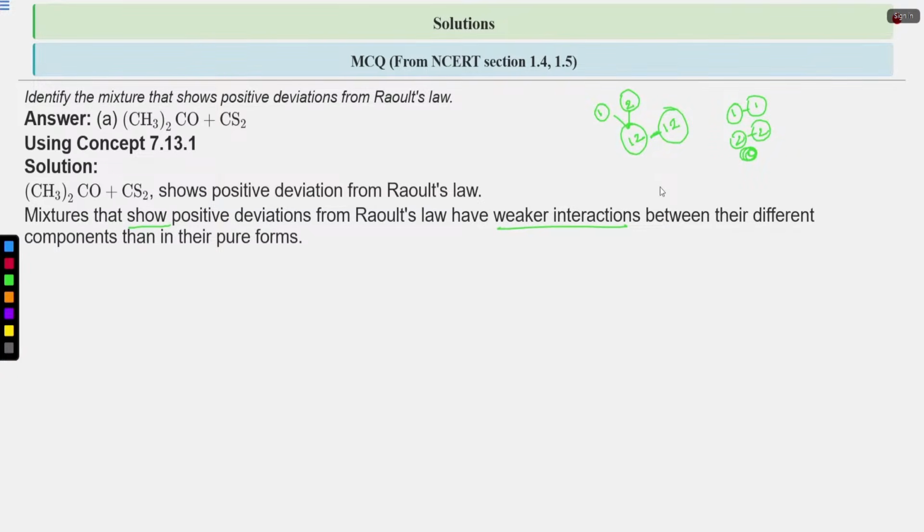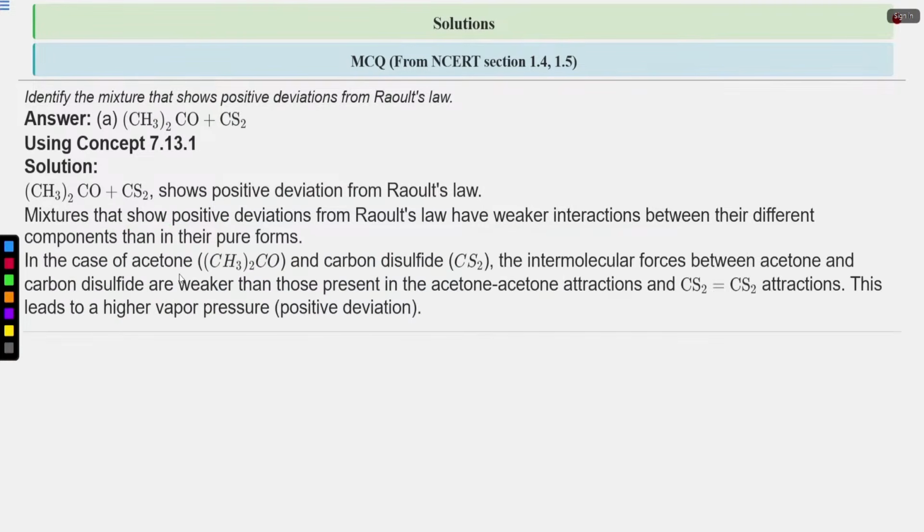So mixtures that have weaker interactions between their different components than in their pure forms show positive deviations from the Raoult's law. In case of acetone, which is (CH3)2CO, and carbon disulfide, which is CS2, the intermolecular forces between acetone and carbon disulfide are weaker than those present between acetone molecules and between CS2 molecules.